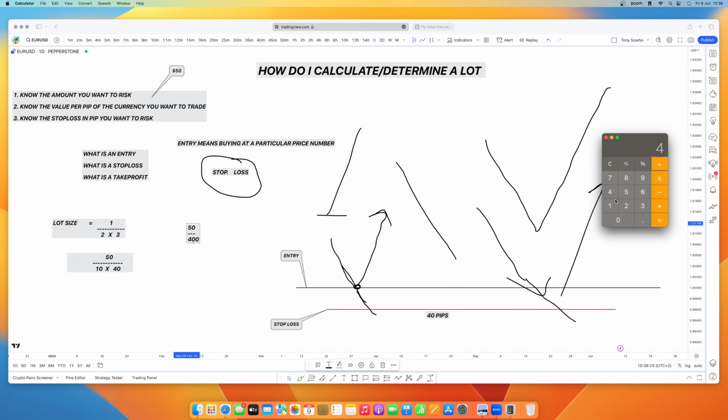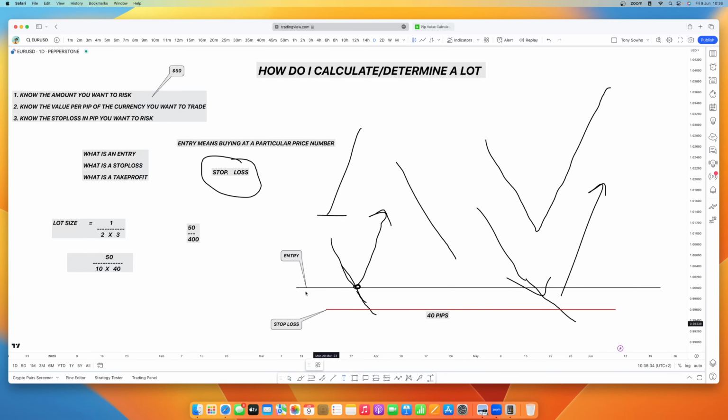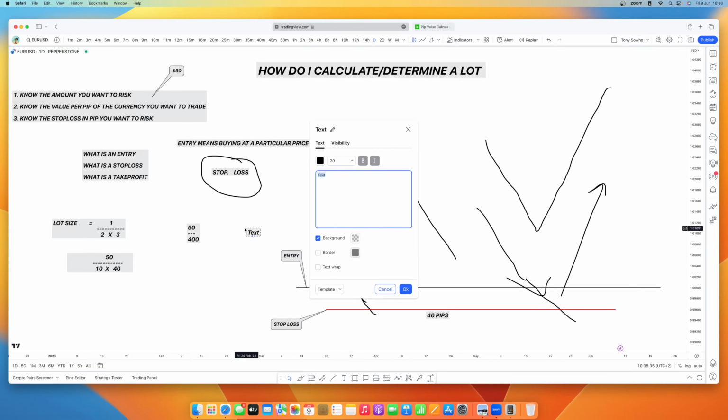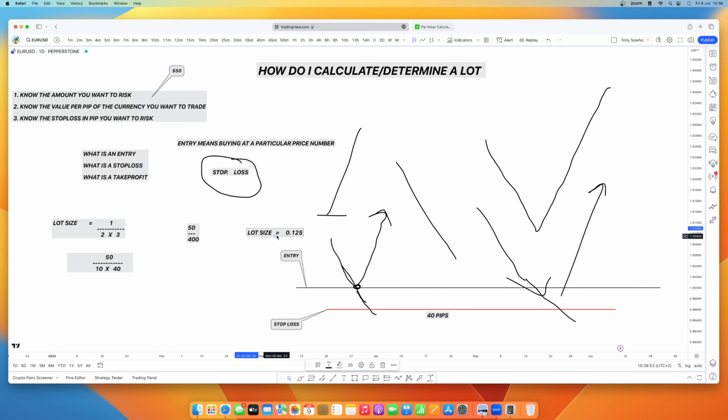That's going to give us 0.125. So lot size equals 0.125 exactly. So the lot size we're going to be using is 0.125.